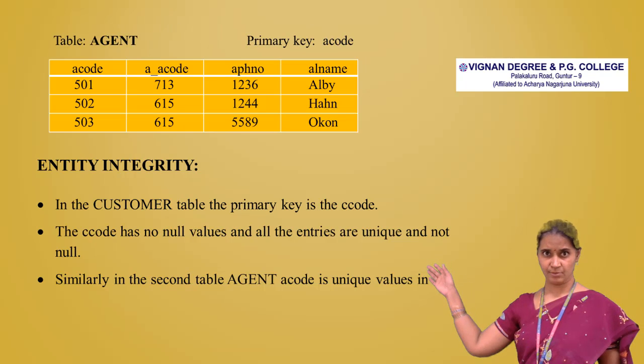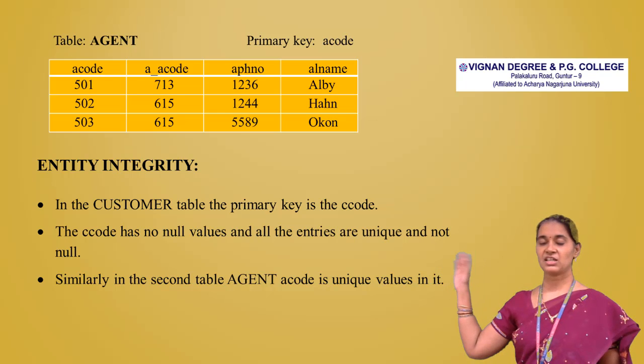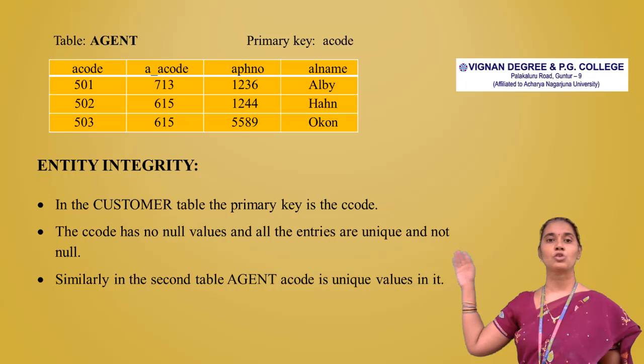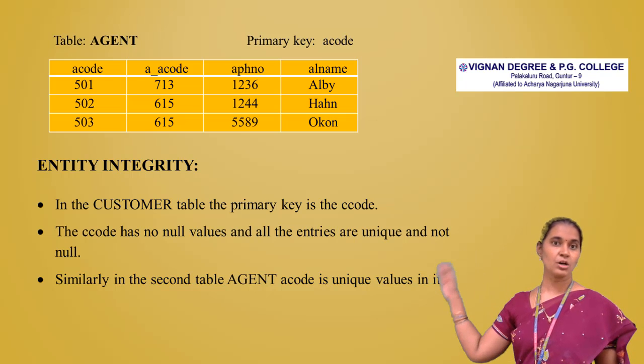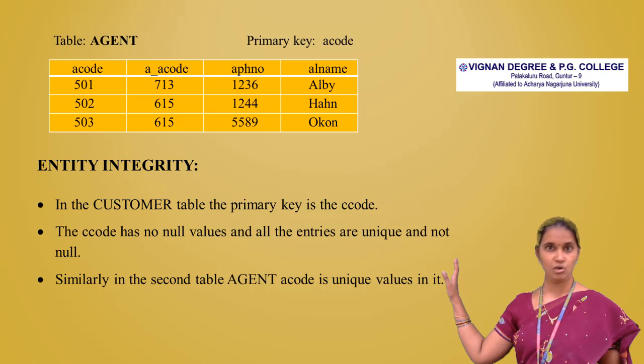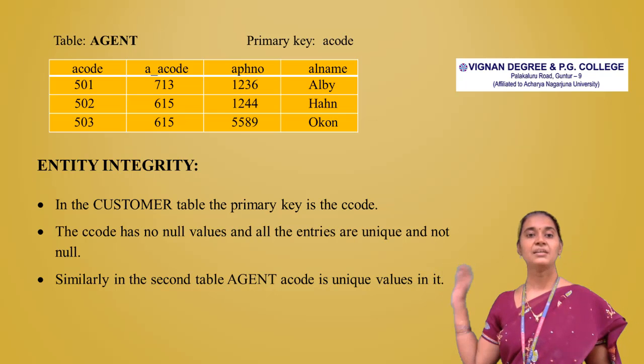In the customer table, the primary key is C code, the customer code. The customer code has no null values, and all the entries are unique, so C code is defined as the primary key.